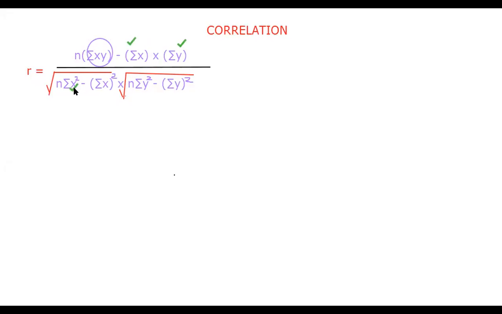Then we got x square, that is x into x, and we add all the values to get sigma x square. Sigma x repeats here, the same as before. Sigma y square we also found, and sigma y the whole square. Small n is our number of items, that is, how many values there are. Since we have very little time, we will continue this problem in the next session.